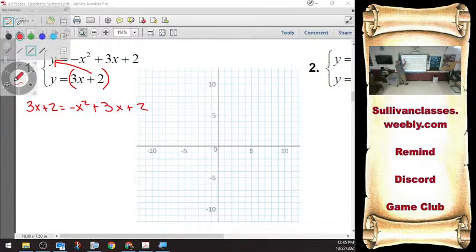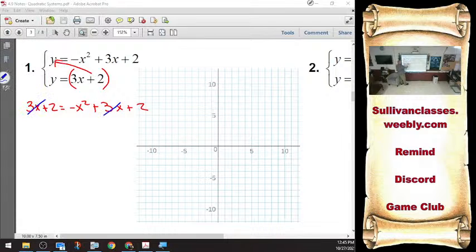Well, if I subtract 3x and 2 from both sides, and then square root, right? So I got x is 0. I plugged 0 in and said 3 times 0 is 0. 0 plus 2 is 2. Ta-da! 0, 2. You're like, wow, that's so much easier. Why didn't he show us that? Because you still have to learn how to graph. Or you have to remember how to graph.